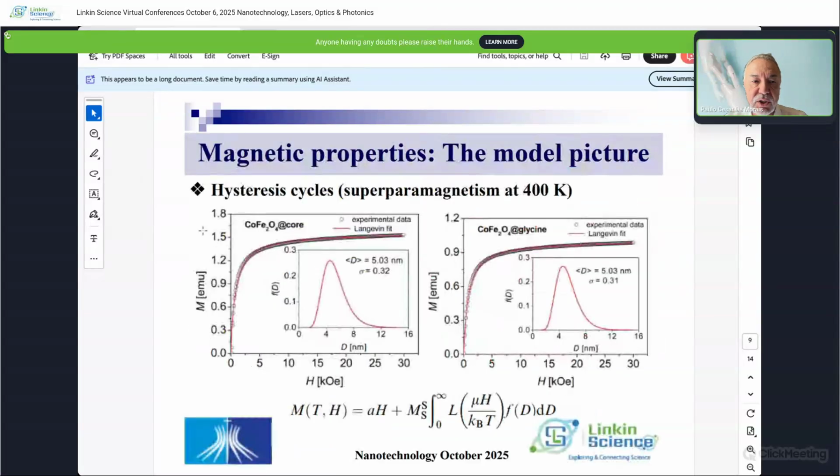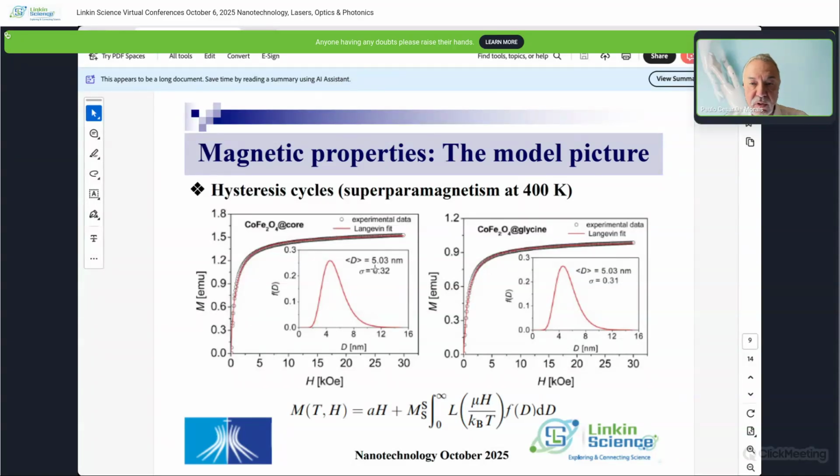If we turn to the magnetic properties of this material, you can see 2 plots here. On the left-hand side, it's just the hysteresis cycle at 400 K for the cobalt ferrite nanoparticles, just the core. On the right-hand side is the cobalt ferrite with glycine, so 2 carbons in the chain.